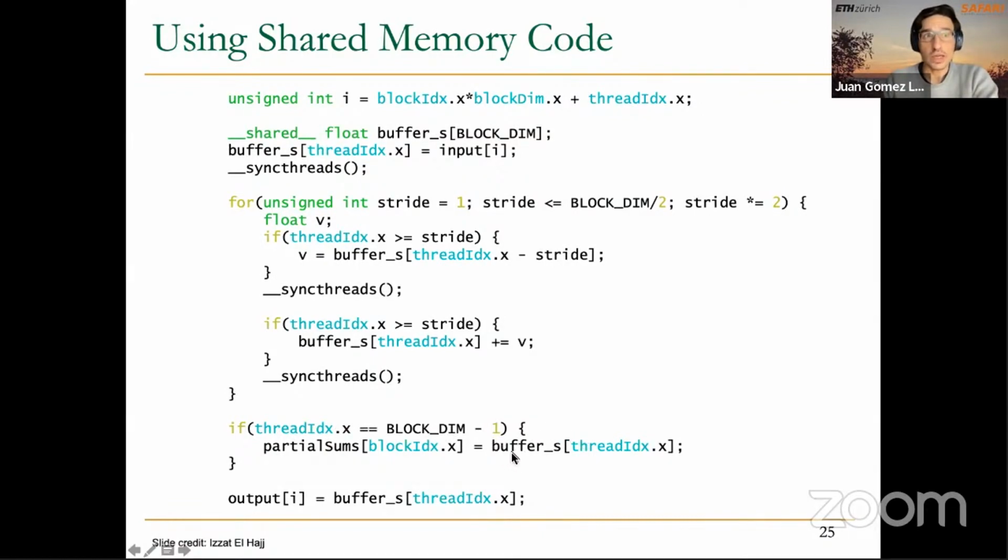This thread is storing its own result into an array of partial sums that resides in global memory. And this array of partial sums is the short array that we are scanning, where we perform the prefix sum of partial sums that we have previously discussed in the second step of the hierarchical inclusive scan.